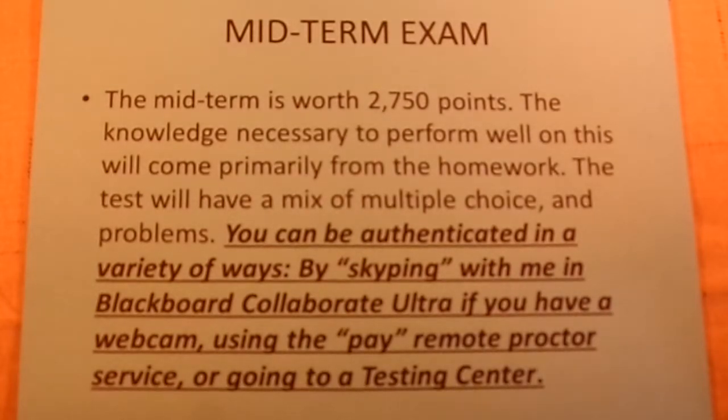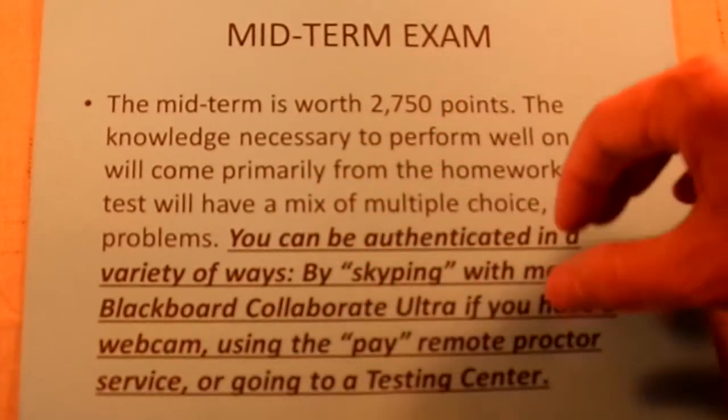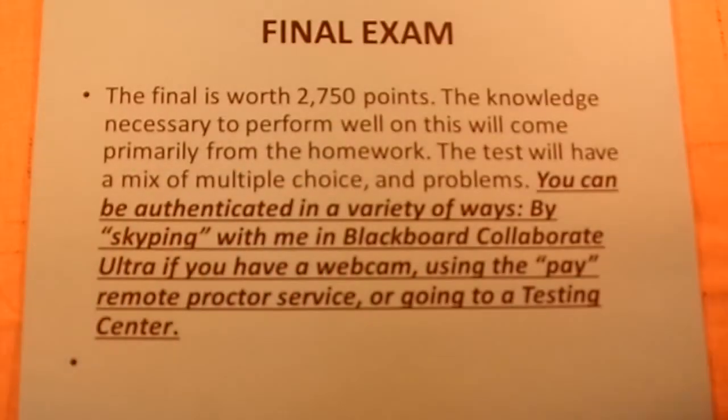That's not 24 hours, 7 days a week, and we'll talk about that a little bit later. You can also use the Pay Remote Proctor service, and that is 24 hours, 7 days a week, so it's convenient, but it costs $25. Or if you live in the area, you can go to any testing center. This test covers chapters 13 through 18.